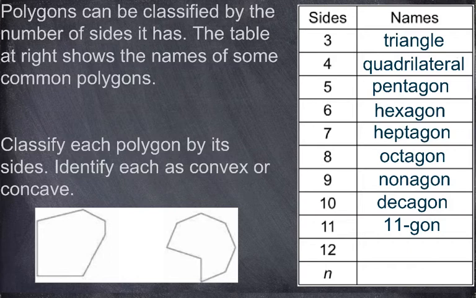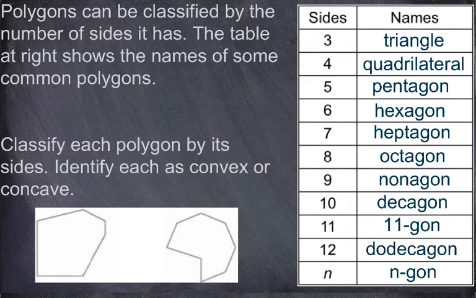But 12 apparently has its own name as well. So that's why 11 got left out. A 12-sided polygon is called a dodecagon. Do for 2, dec for 10. So 10 and 2 makes 12. A dodecagon. Now for everything past 12, we're going to call that whatever amount of sides, in this case n, we call it an n-gon.